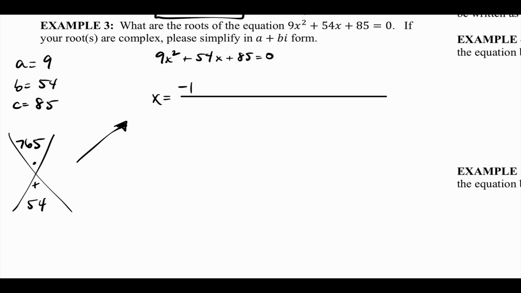So we get -1 parentheses plus or minus b squared minus 4 times a times c over 2 times a. So I'm going to plug in my a's, b's, and c's.